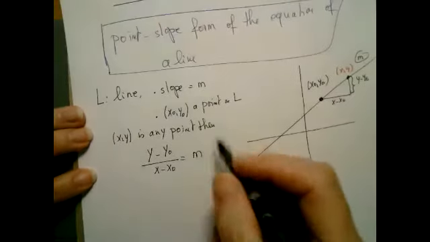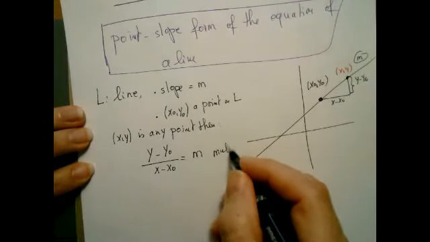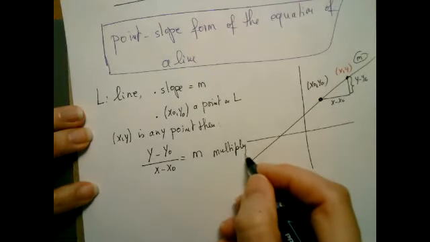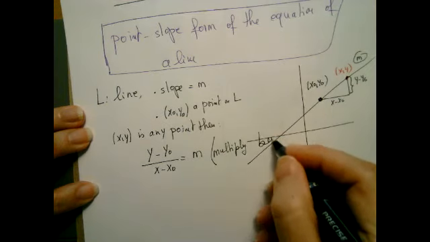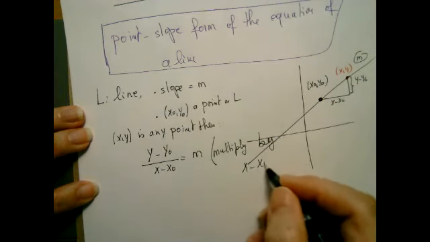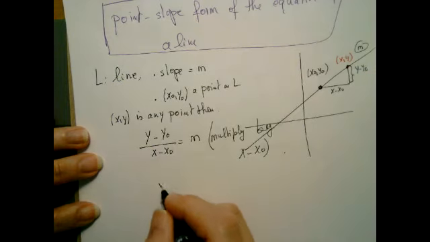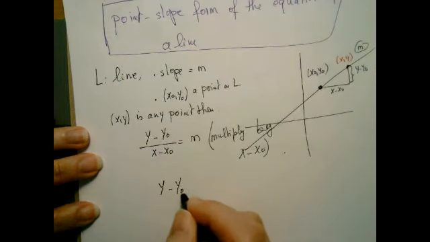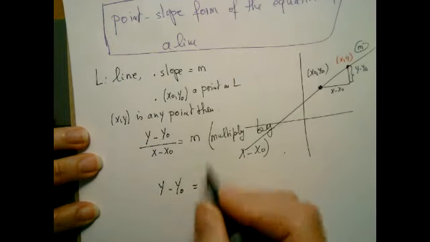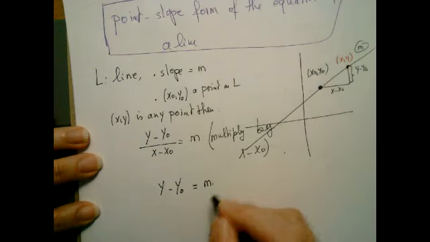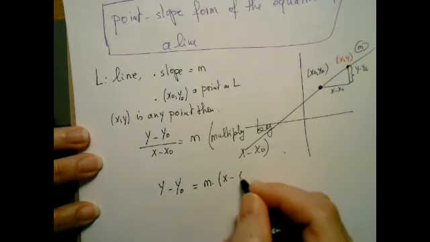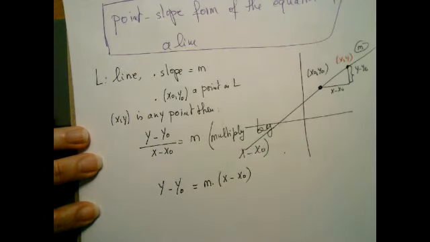Now I'm going to multiply by x minus x0. And this would give me y minus y0 equals m, the slope, times x minus x0.